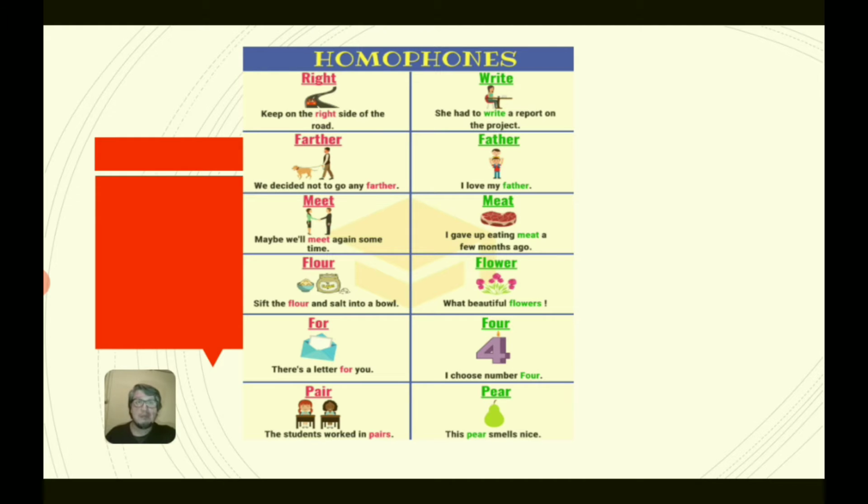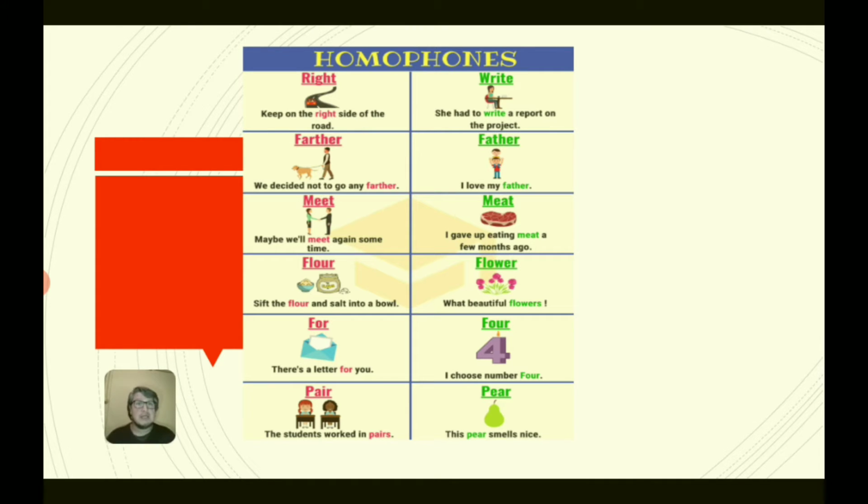Pair and pear. The students worked in pairs. This pear smells nice. So a pair has the same sound, the same pronunciation, as the fruit pear that you have here. Pair and pear.